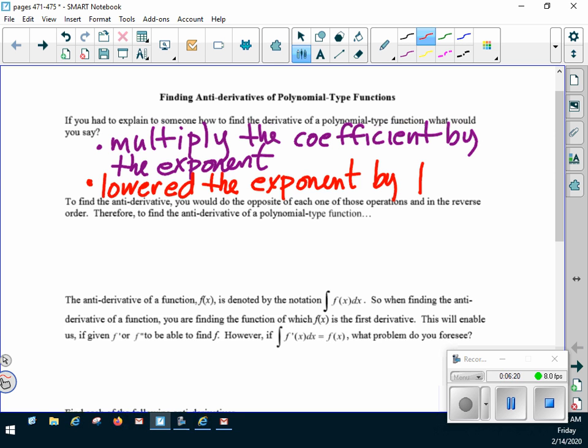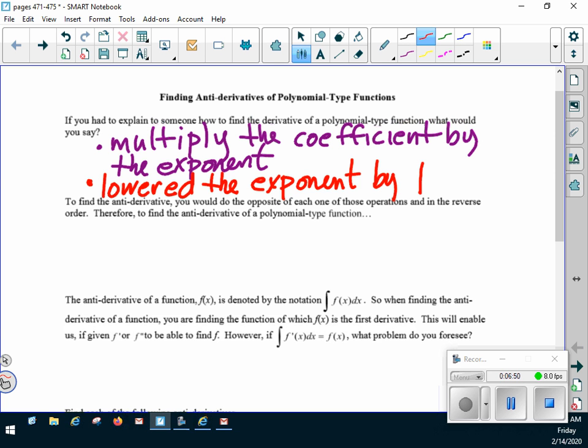Now, what if we wanted to undo this process? How would we undo this process? Add one first. Add one. You taught well. She's got this. All right. Which one do you undo first?